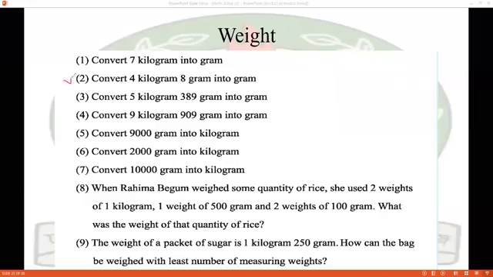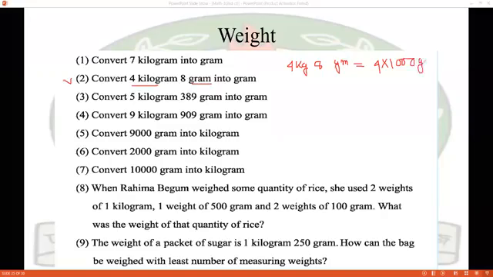Number 2, convert 4 kilogram and 8 gram into gram. There are two units, one is kilogram, another is gram. At first, we have to convert 4 kilogram into gram. Then we have to add 8 gram with it. So we write 4 kg 8 gram. We convert 4 kg into gram by multiplying with 1000 gram.